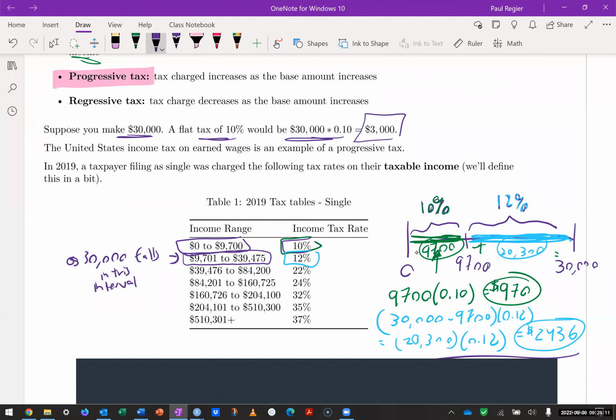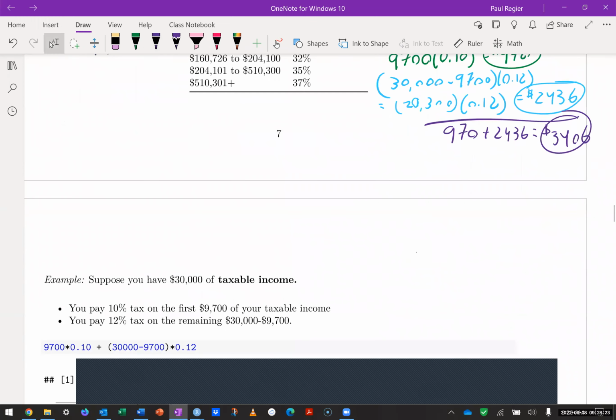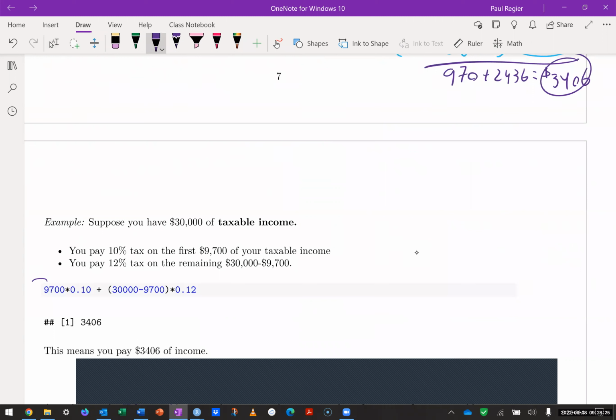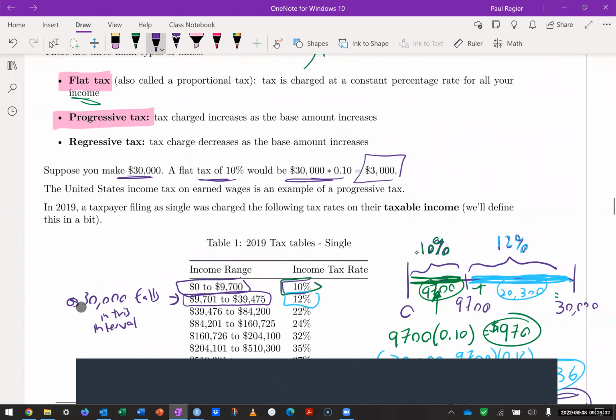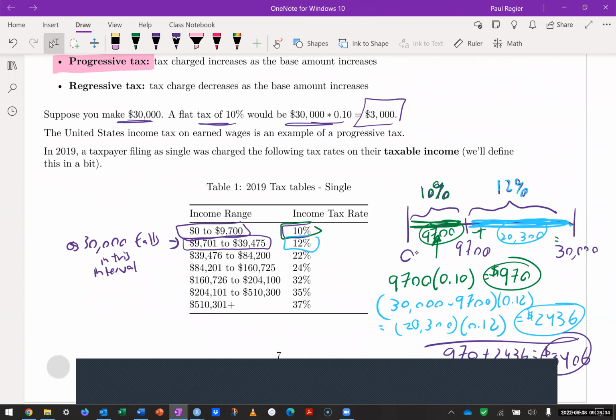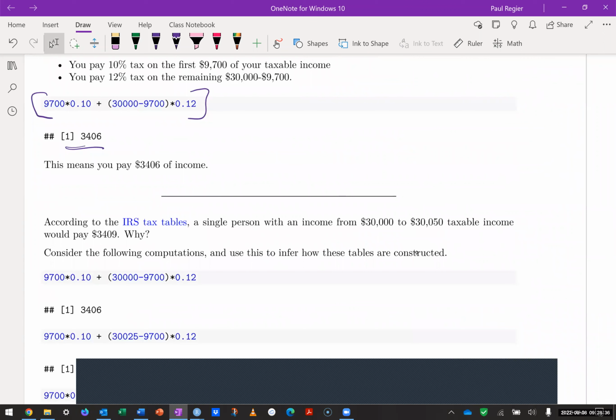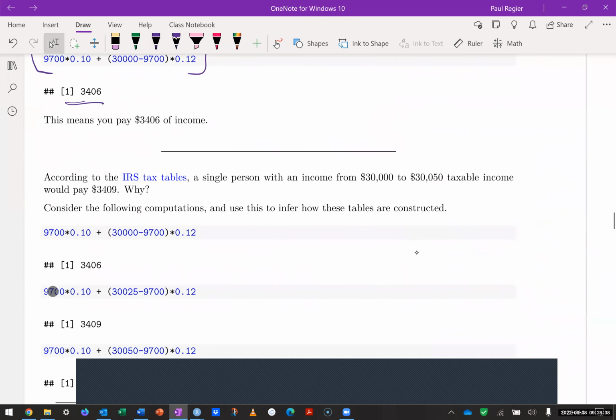So 970 plus 2,436 is 3,406. I think we can check that here below. Did I do that right? Yes, here it is all written out in one section, and that total is 3,406. So that's how we do a progressive tax. Use the brackets.